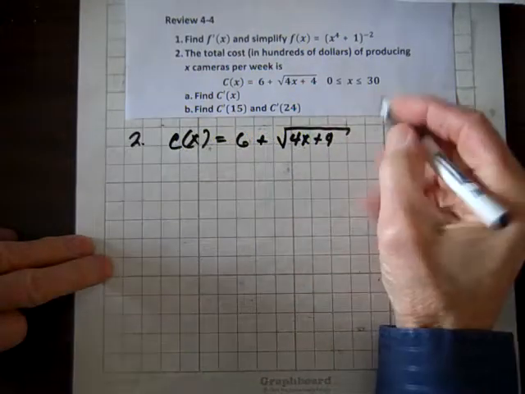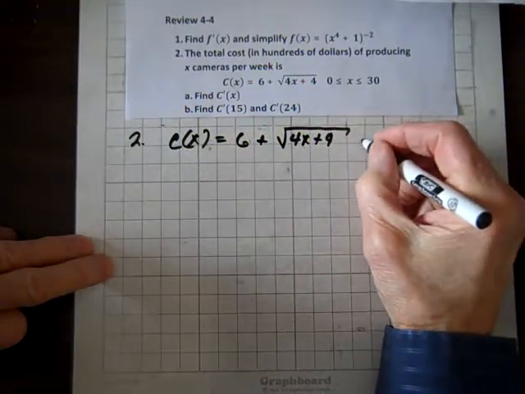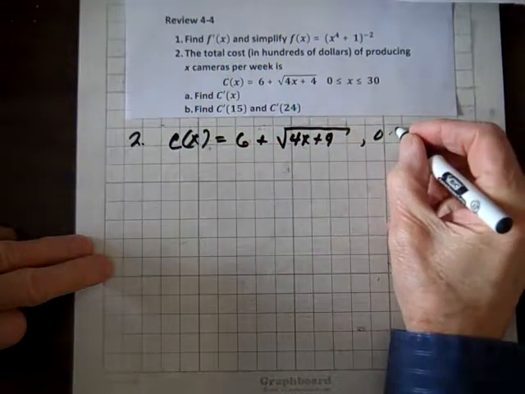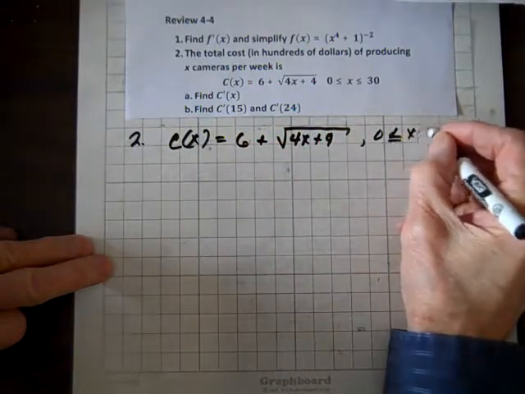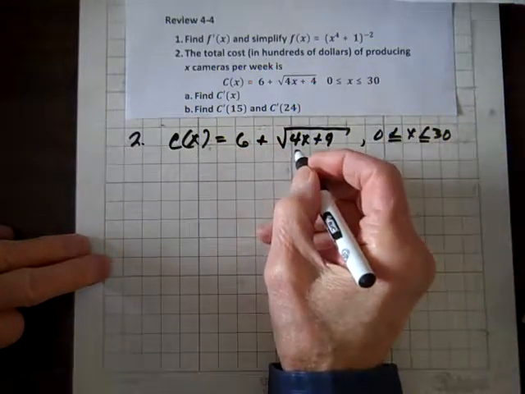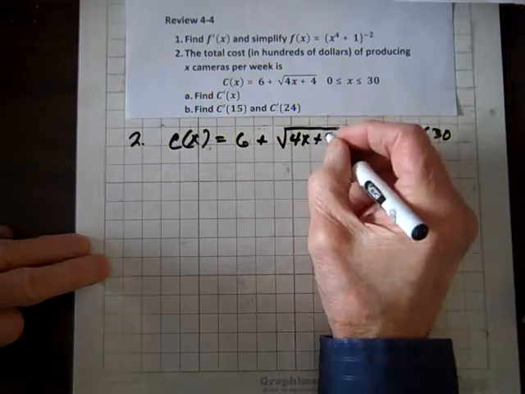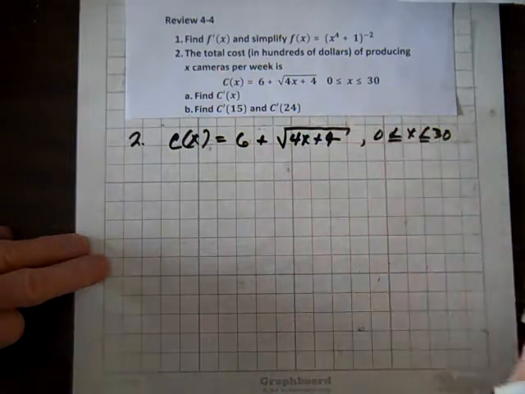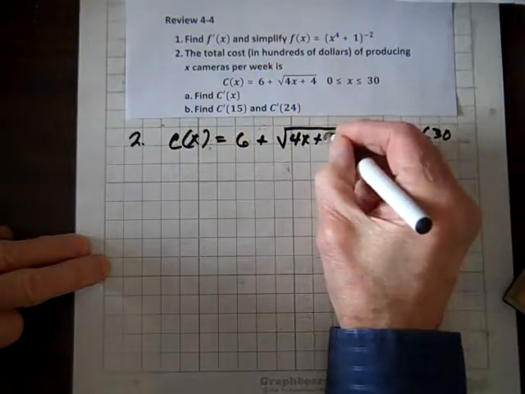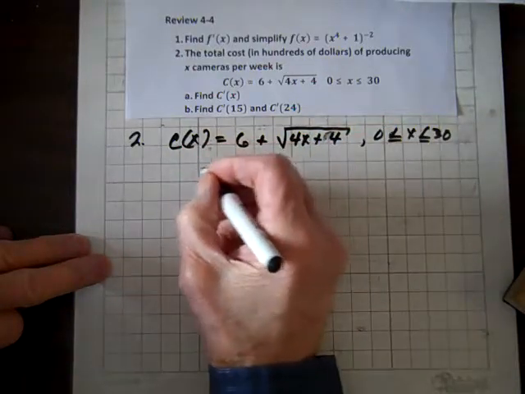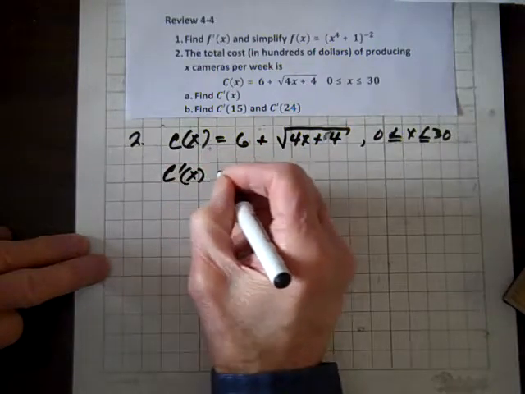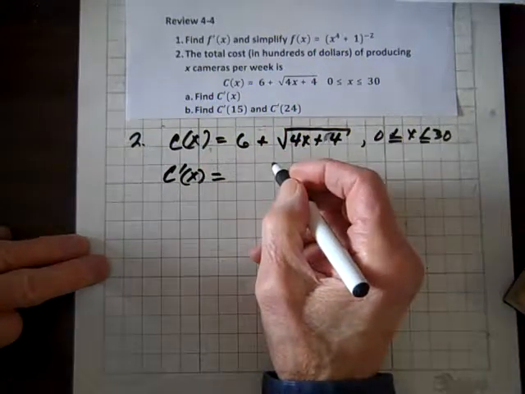Now for question 2, we have to take the derivative of this function, which is c of x equals 6 plus the square root of 4x plus 4. I better write that a little nicer. Plus 4. And so c prime of x equals, and the derivative of 6 is 0.